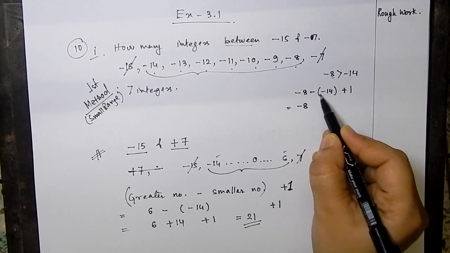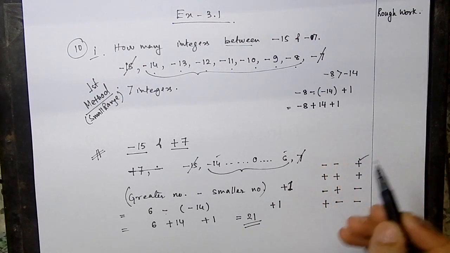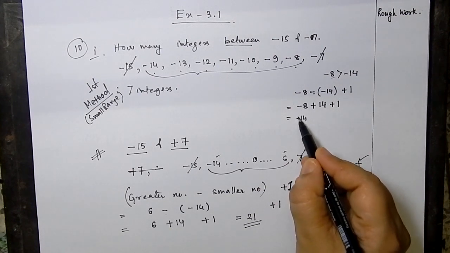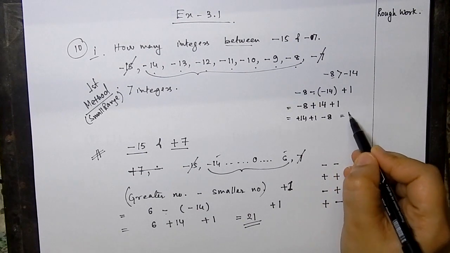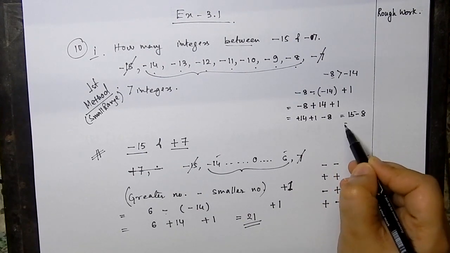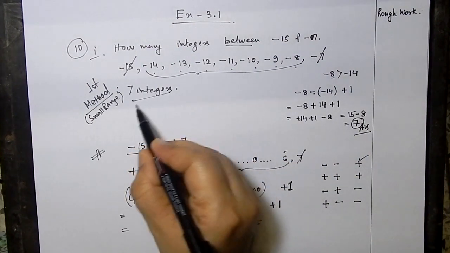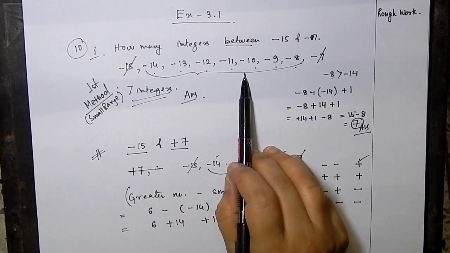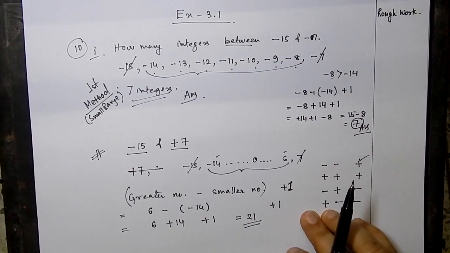So minus 8, minus and minus will give you plus 14 plus 1, which is equals to 15 minus 8, which is equals to 7. See, you get the same answer as you got here. So when it is a small range given, you can do it manually, but when the range is big, you can use this formula. Both the processes are correct.